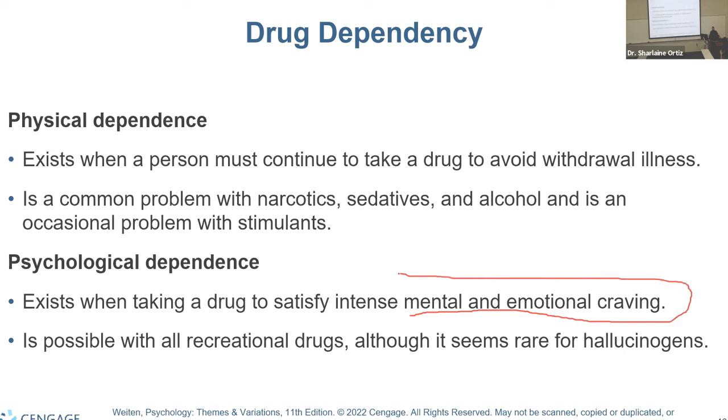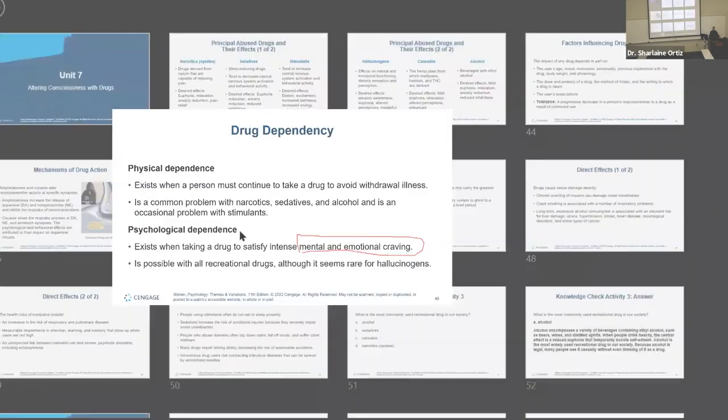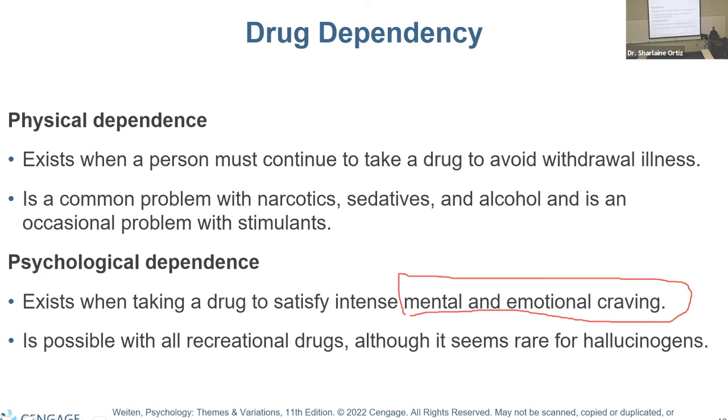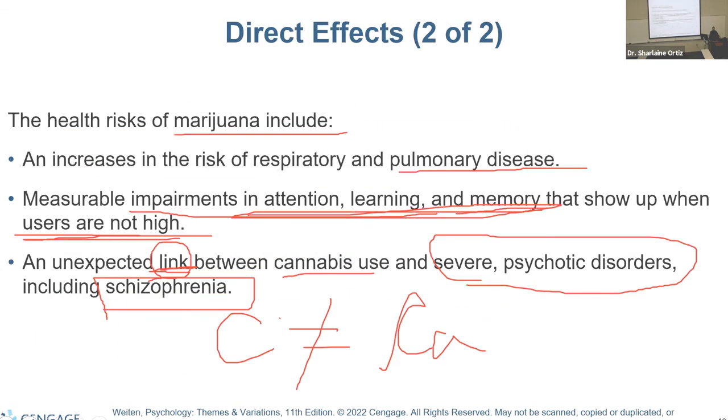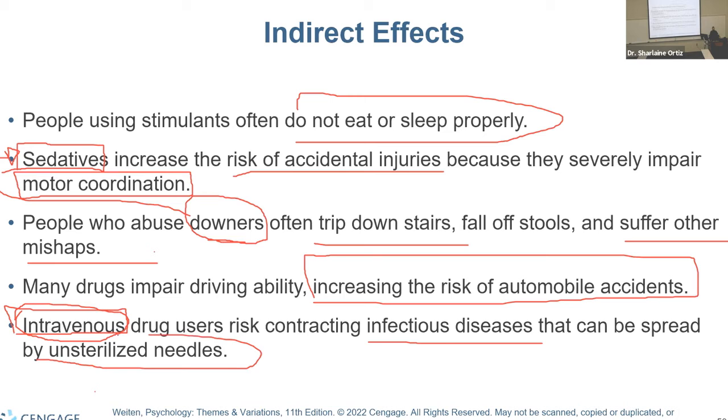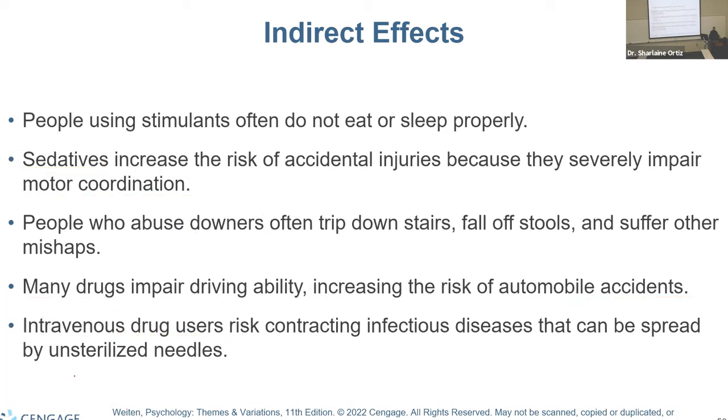What am I willing to do to satisfy this mental and emotional craving? So for those of you who are not addicted, maybe utilizing a needle that's unsterilized sounds bizarre. It's like, I wouldn't use that, right? I wouldn't use a needle that is not clean or sterile. But notice that for a person that has this mental, emotional, psychological craving, this might not be a bad idea.